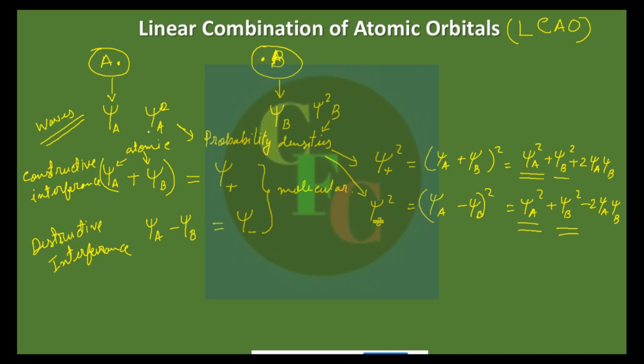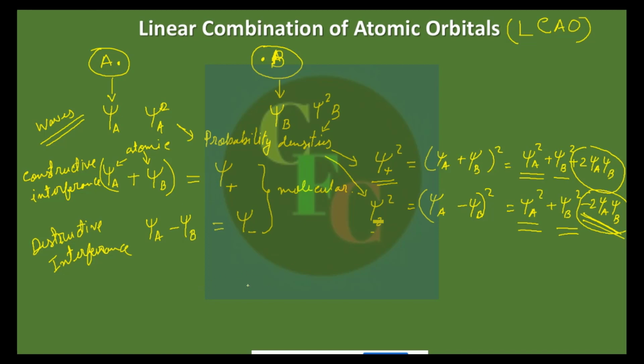Now in case of constructive interference, that is psi plus, we have gained this amount, 2 psi A psi B, of probability between these two atoms. Whereas in case of destructive interference, we have lost the same amount, 2 psi A psi B, in between these two atoms.